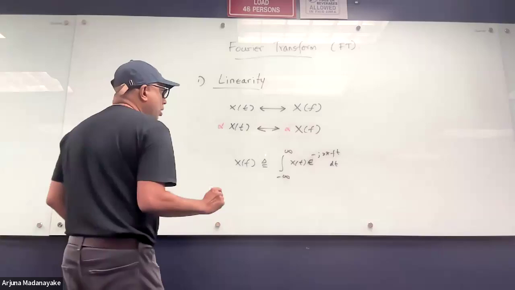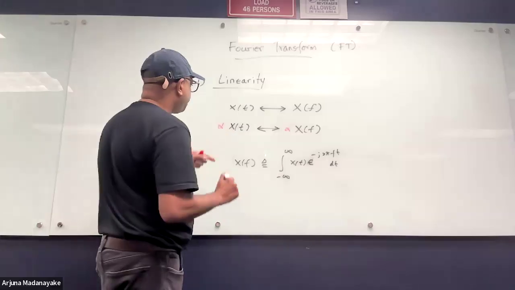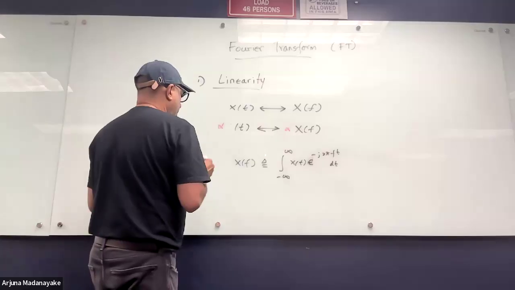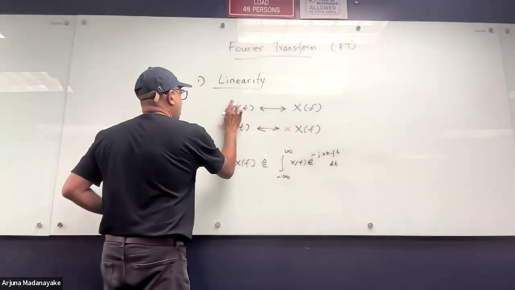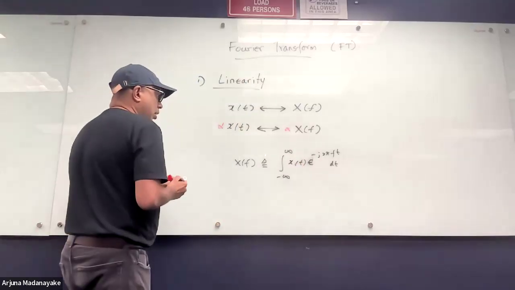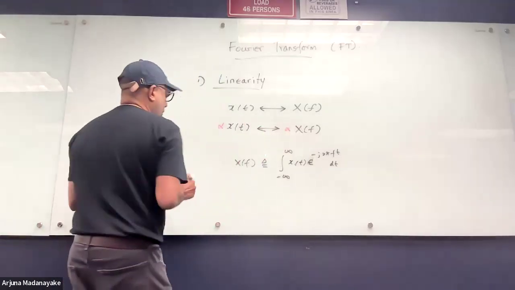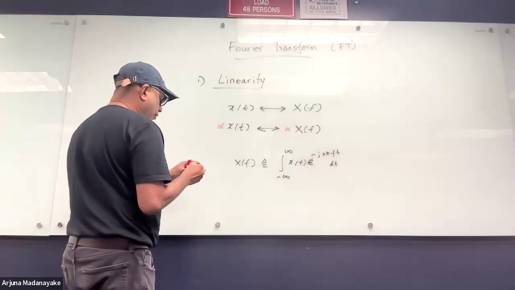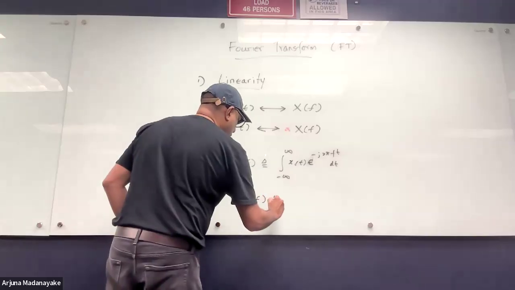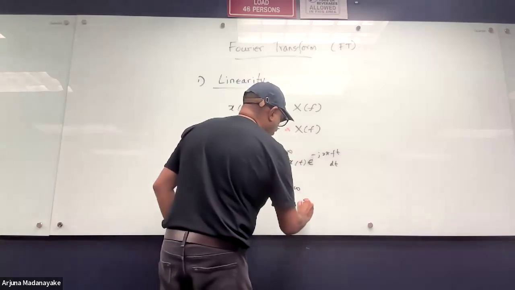Let's call the Fourier transform of alpha times x of t, x prime of f or x1 of f. So x1 of f is defined as the Fourier transform, putting alpha here.